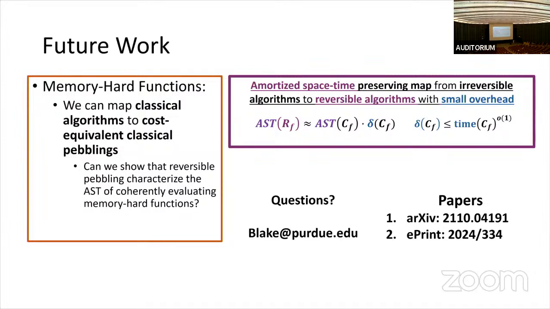Suppose I have a quantum function, and maybe it uses resets in the middle. Can I use some of these techniques there? Yeah, so our reversible pebbling game actually doesn't characterize possible measuring and things like that.